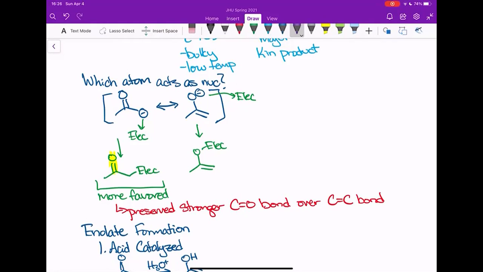No, so they are both technically nucleophiles, but during your reaction, if you're drawing a mechanism, you should be using the left resonance structure because it'll give you more stability in your product. So your carbon should be your nucleophile in this resonance structure. Does that make a little bit more sense? Yes, thank you. Okay, cool.